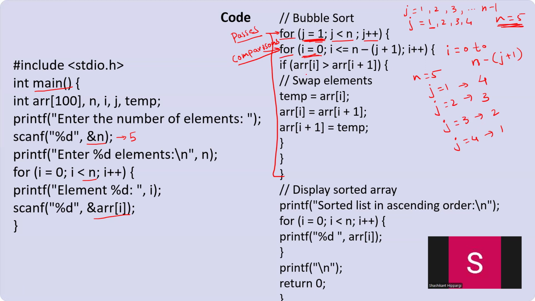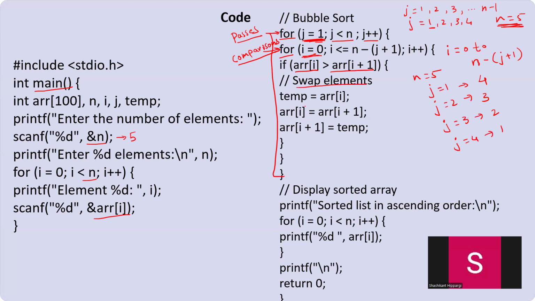If the elements are not in correct order, for example, if a of i is greater than a of i plus 1, the first element is greater than the second element, then we need to swap them.